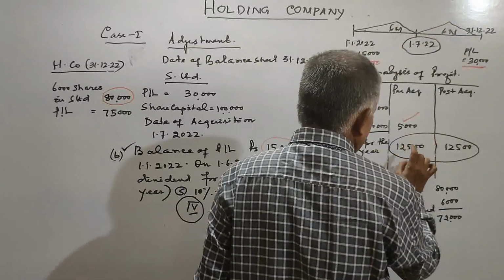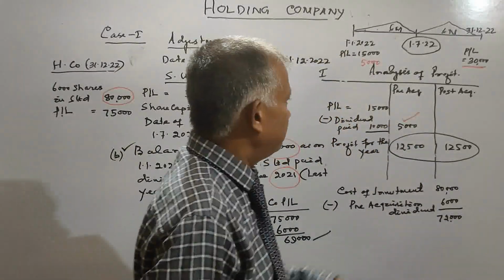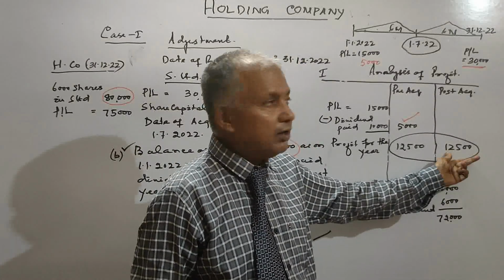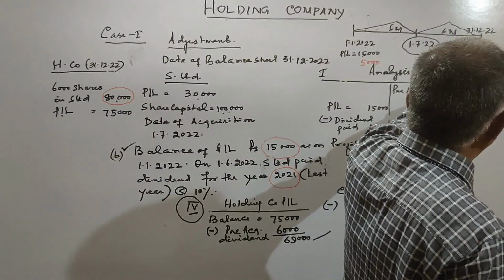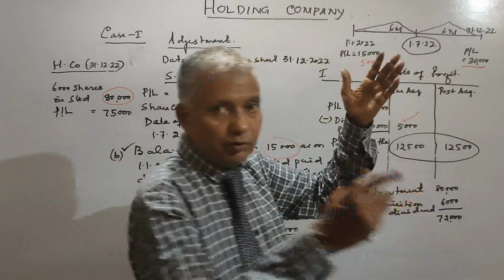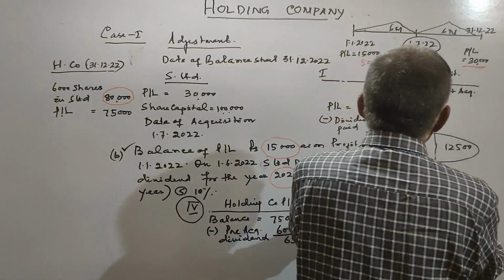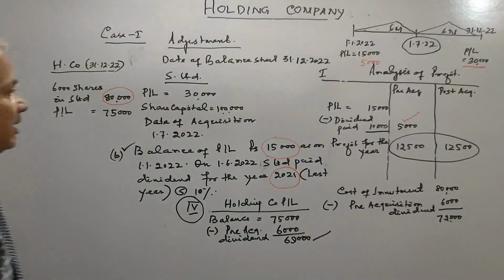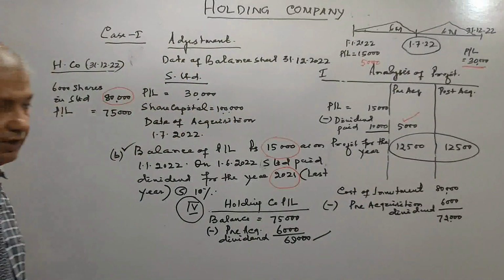So this 25,000 will come over here, and post-acquisition nothing will come, because the date of acquisition is 31/12/2022. Therefore, the total 12 months is a pre-acquisition period, and 25,000 will come over here, and nothing will come in the post-acquisition period. All the things will become over here 25,000.